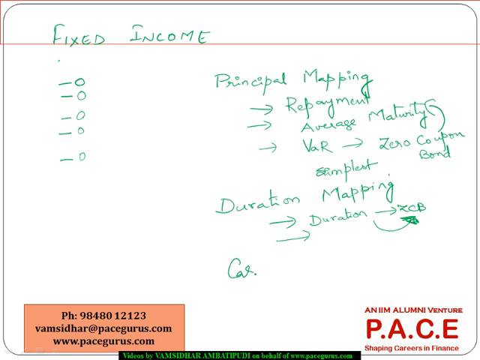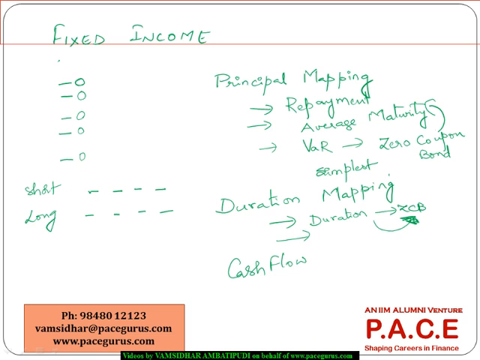Whereas the third and most important mechanism used for mapping purposes is cash flow mapping. For every bond, we have different cash flows coming up at different periods. There could be some short positions in the bond and some long positions in the bond where the cash flows are made at different time periods.